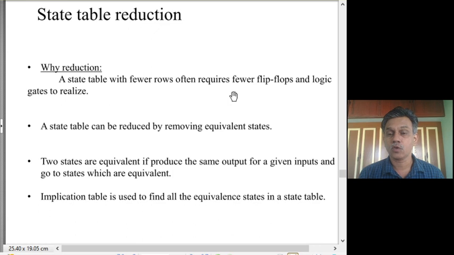So for each of these input combinations, if the output produced from that state is the same, then they are equivalent from the perspective of generating the output. If it is a Moore machine, where the outputs are tied to the state, and they produce exactly the same output, then they are equivalent.